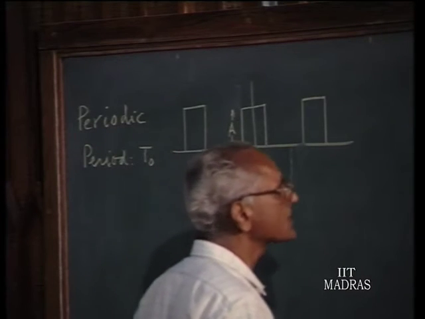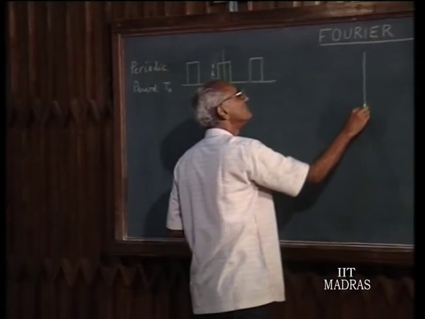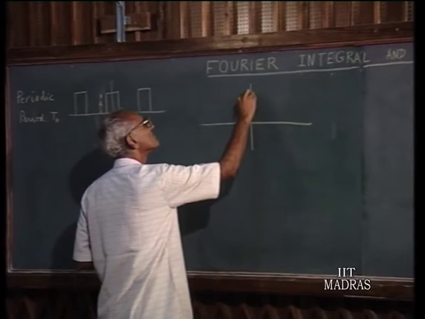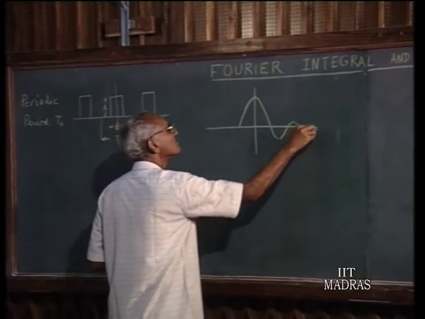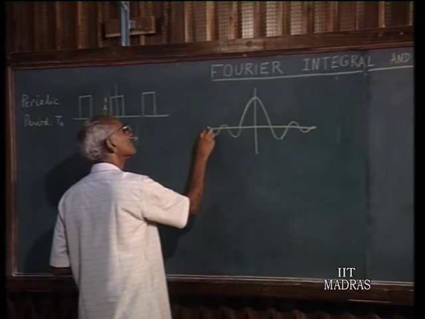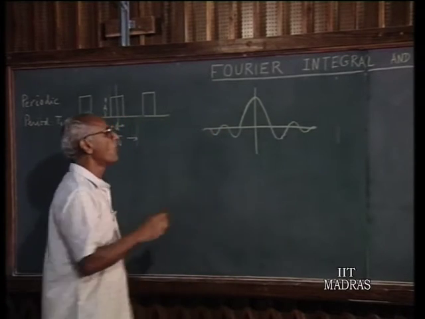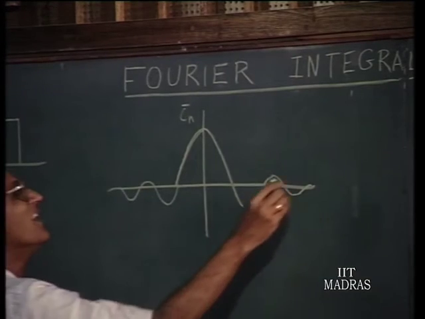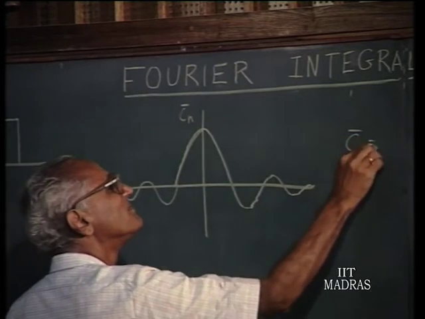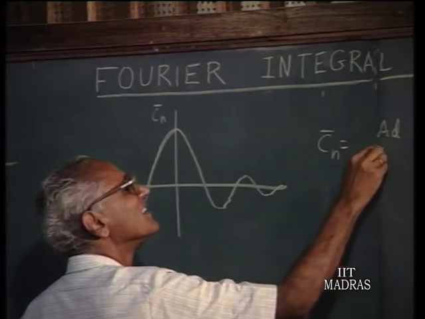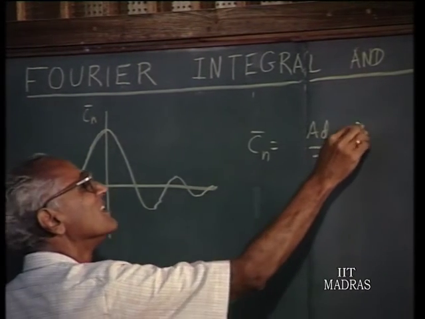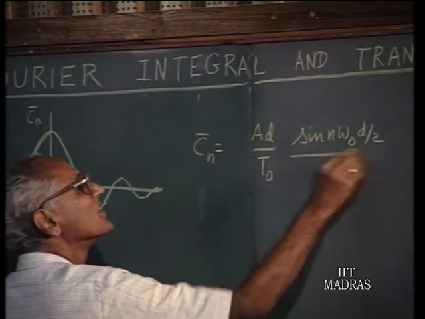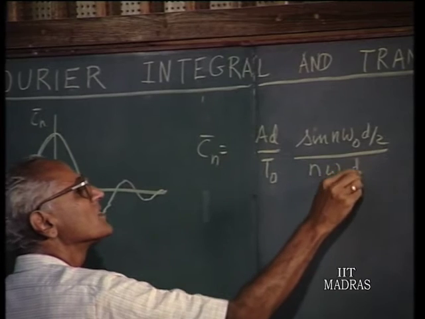We know the spectrum for this would be something like this, where this is C n, and we know that C n is A d upon T naught times sin of n omega naught d upon 2 by n omega naught d upon 2.